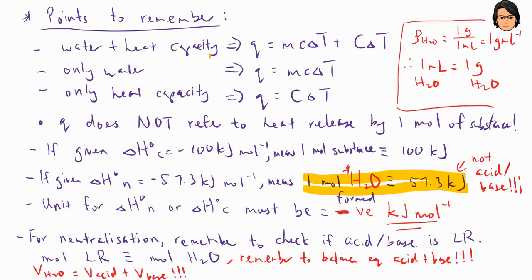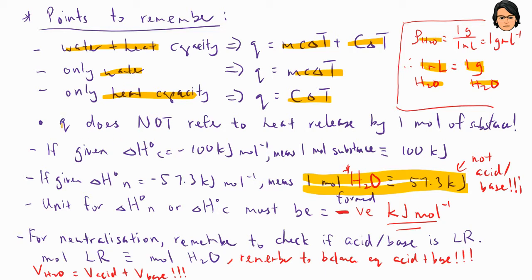Now, points to remember. These are the formulas that I mentioned just now: if you have water, and if you have heat capacity, or water only, or heat capacity only. If they give you the volume of water, you can find the mass of water using density.